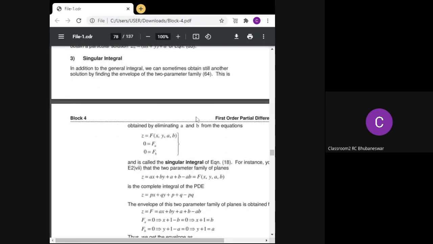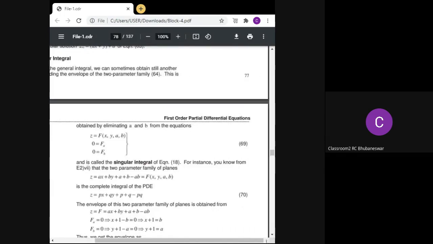Now, the third kind of solution is the singular integral. Here, the singular integral can be obtained from the complete solution of the partial differential equation along with a set of equations. Look at the set of equations represented in equation number 69. In equation number 69, the first relation is the complete integral of the partial differential equation. The second one is the partial derivative of the first one with respect to a, equated to 0.